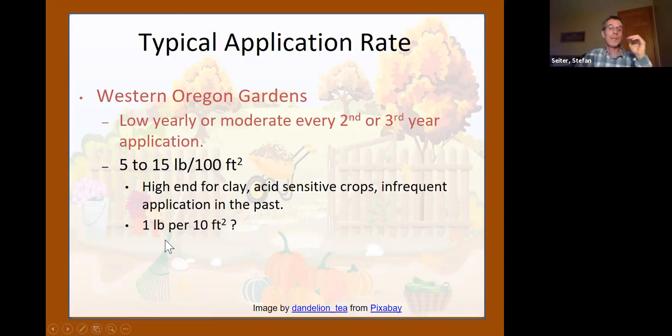If you want to have an absolute, and I hate to do that, but if you want to have one rule that applies to maybe many, but certainly not to everybody, a pound per square foot every year, probably right in Western Oregon. But this is with no idea what the soil is, no idea about anything.